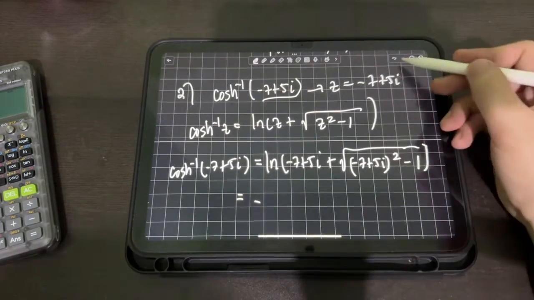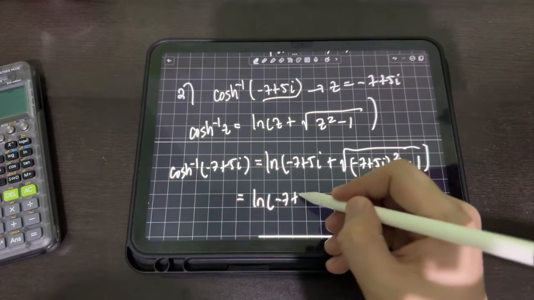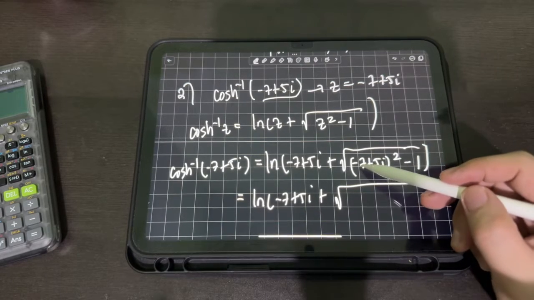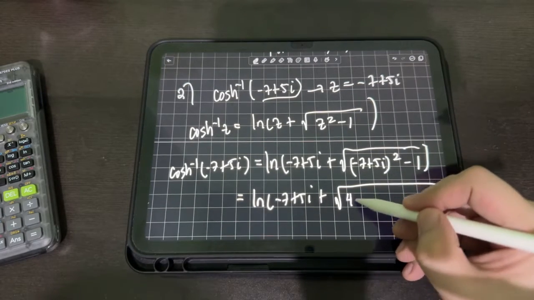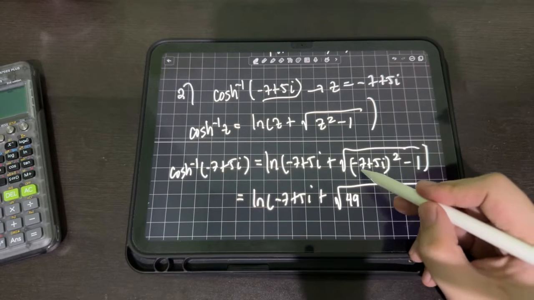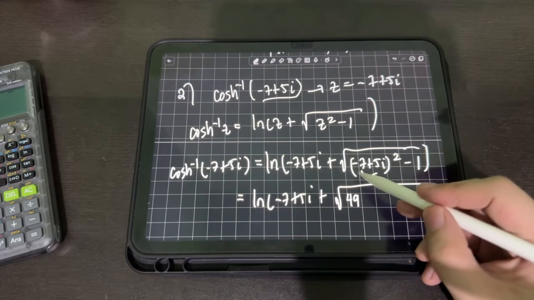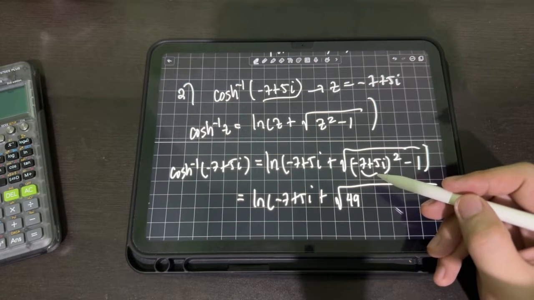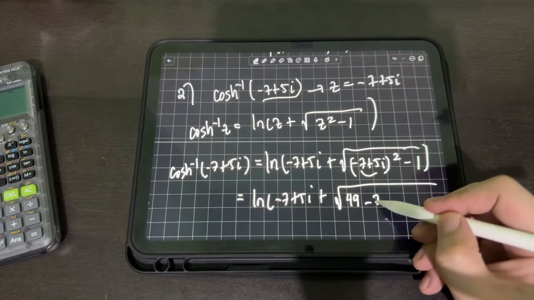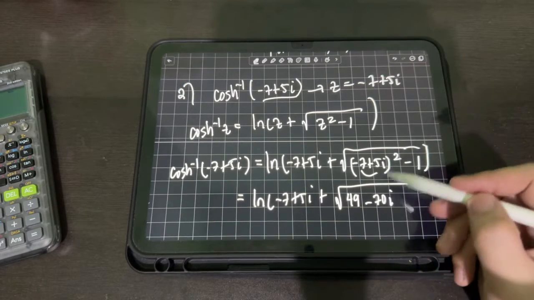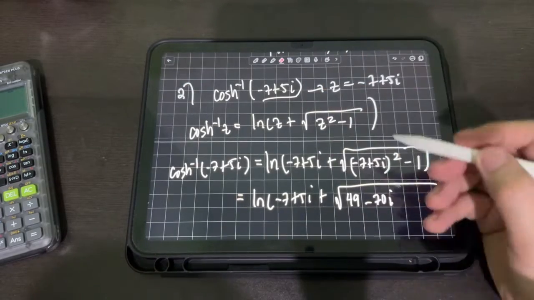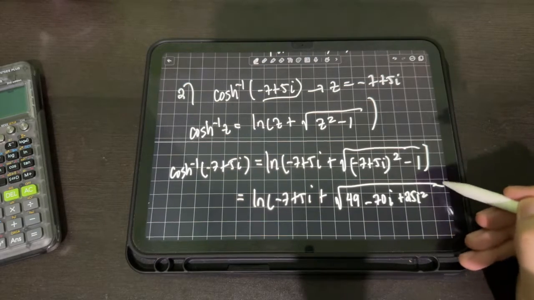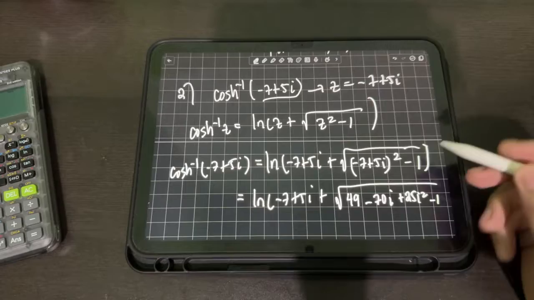Again, we start simplifying the expression inside the square root. So expand the square of the binomial. Square the first, negative 7 quantity squared, that's positive 49. The product of the first and the second term, negative 7 times 5i, that's negative 35i, times 2, negative 70i. Plus the square of the second term, 5i quantity squared, that's positive 25i squared, minus 1.